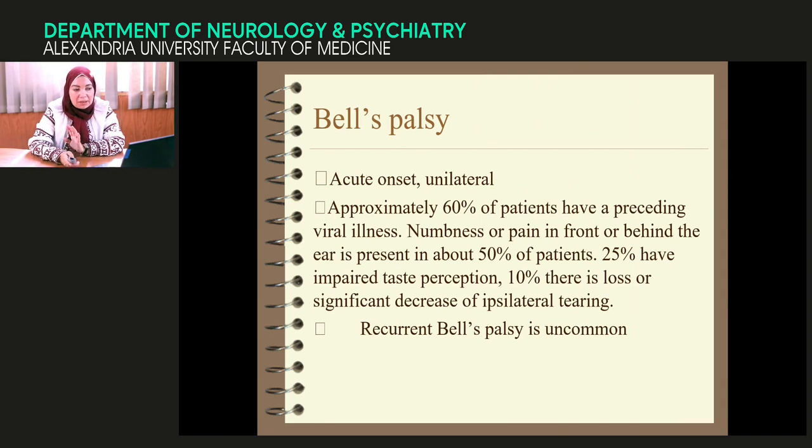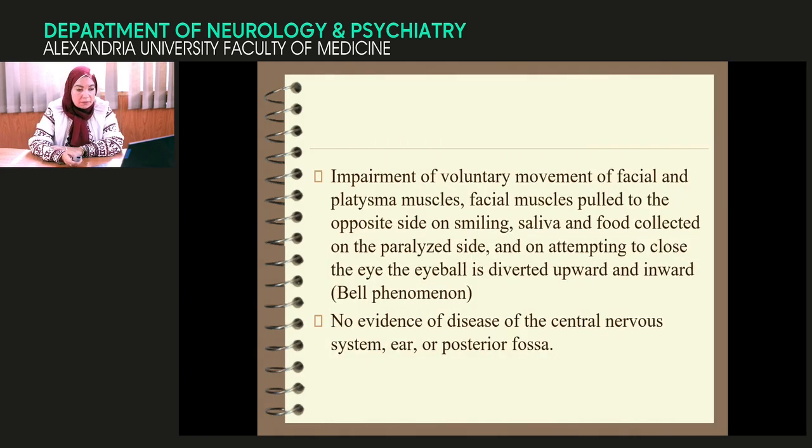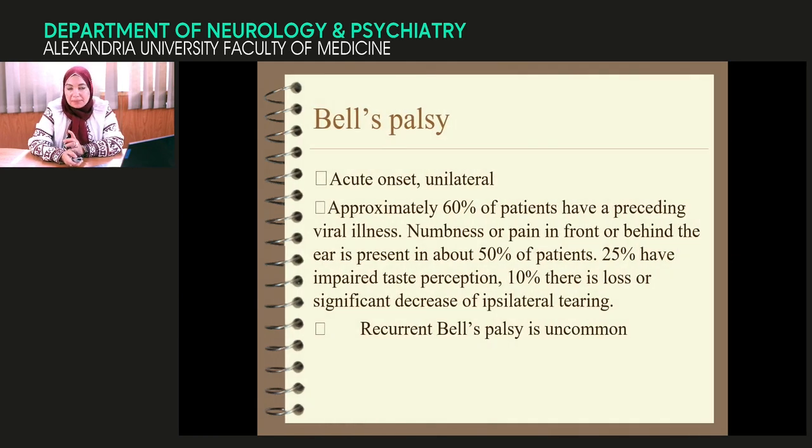What is Bell's palsy? Bell's palsy means facial motor affection only. It is of acute onset, and usually unilateral; sometimes it may be bilateral, but the common presentation is unilateral. Approximately 60% of patients have a preceding viral illness, maybe herpes simplex.